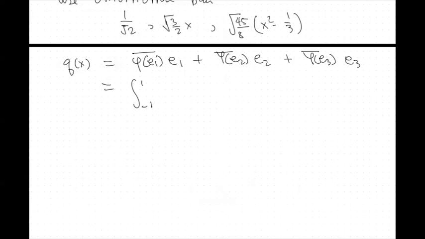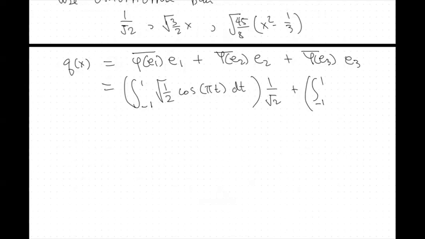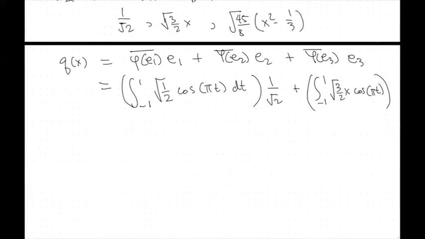So square root of 1 over 2 cosine of pi t dt, and then multiply it with the basis element, which is 1 over square root 2, plus the integral again from -1 to 1 of square root of 3 halves x cosine of pi t, then multiply that with square root of 3 over 2 x.